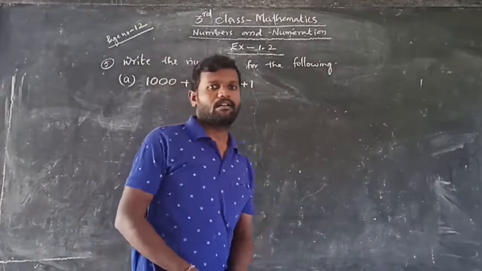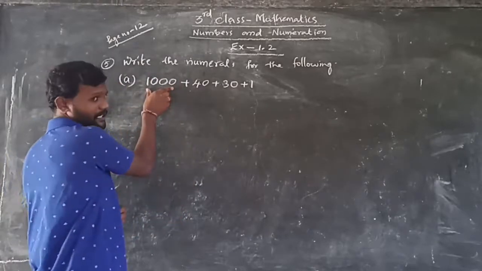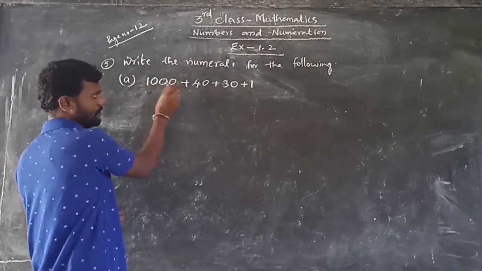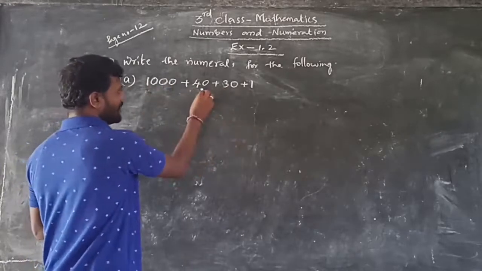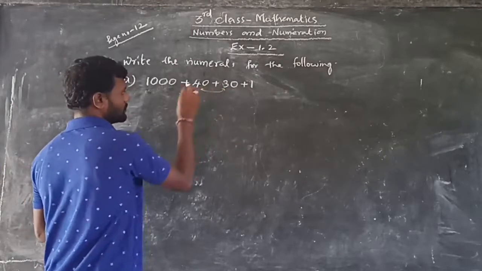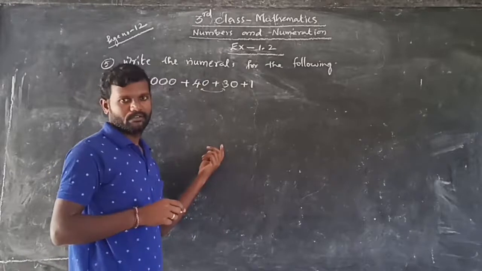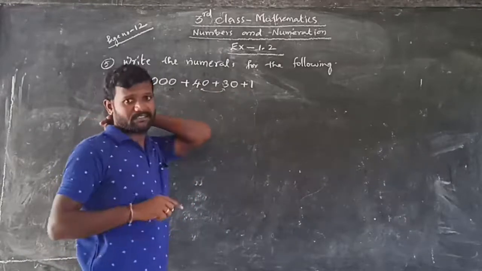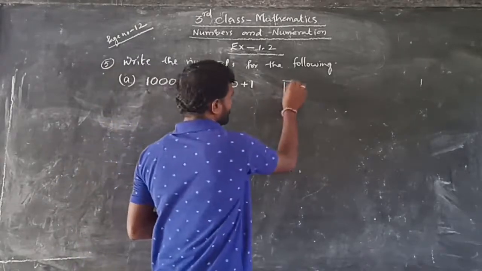First, observe here, a thousands term is there: 1000, the thousands term. 40 and 30, these two are tens terms only. Next one, 1, is ones. So write the numeral for that.